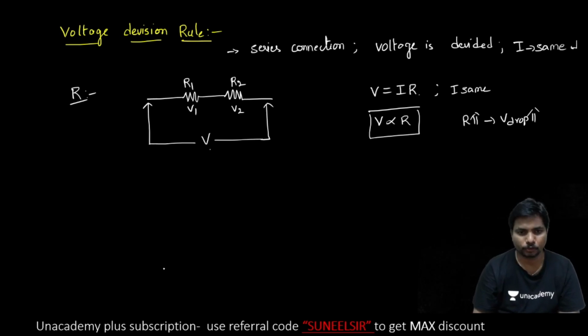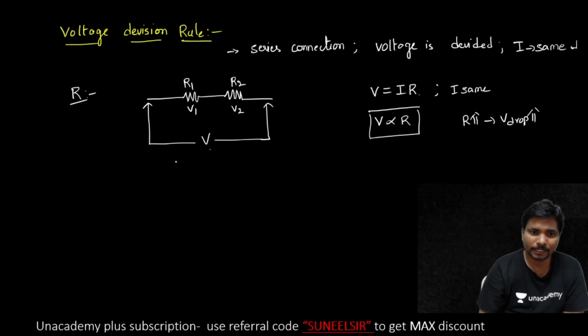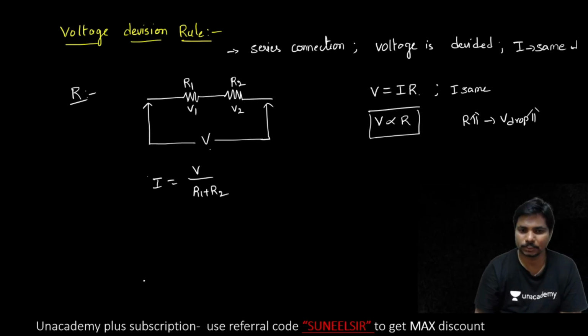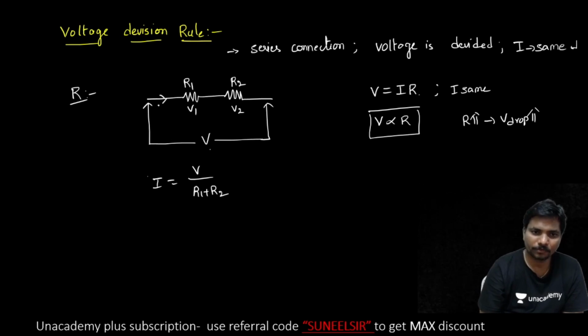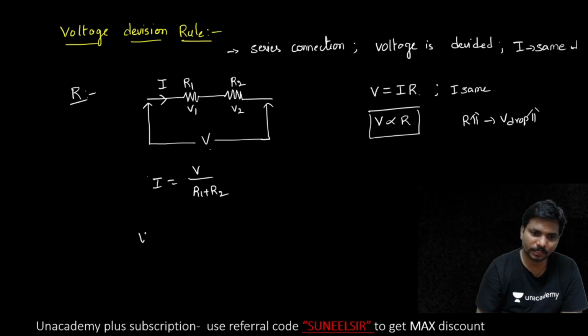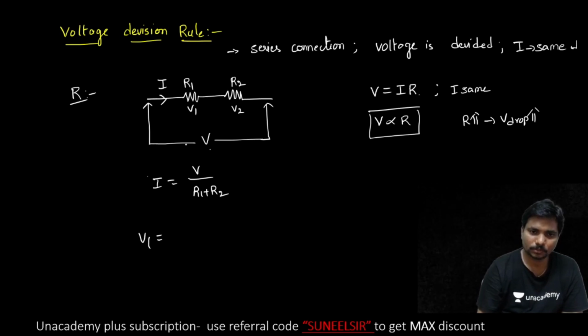So directly proportional. In this case, you can consider the current I is equal to voltage by total resistance, R1 plus R2. If the current I is flowing here, then the voltage across R1, that is V1, is equal to I into R1, since the current is the same.